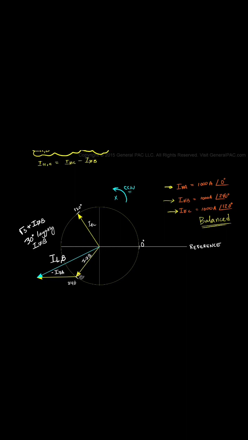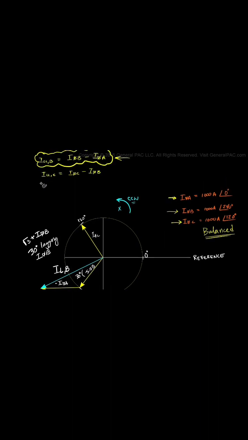So phase B is ahead of line current B, right? So you rotate in the counterclockwise direction. So 30 degrees is the phase difference between those phasors, right? So very similar to part 5B.